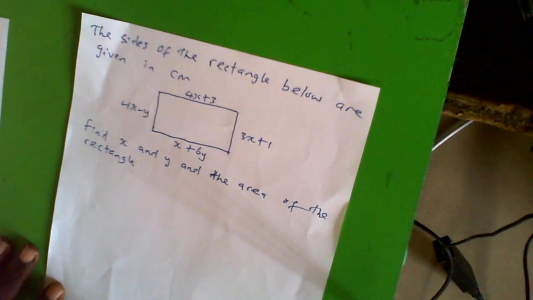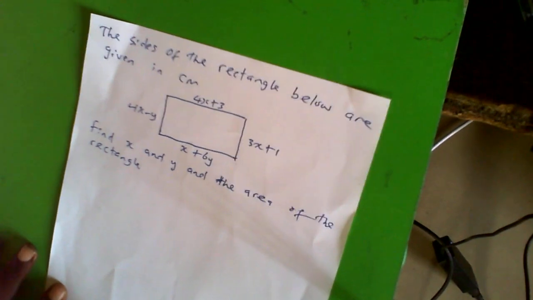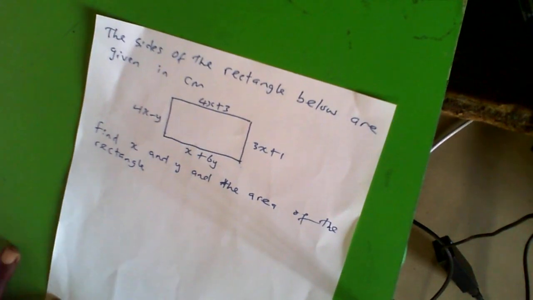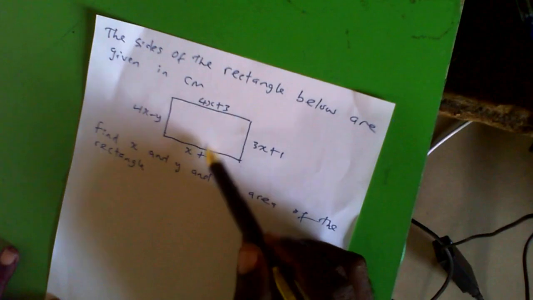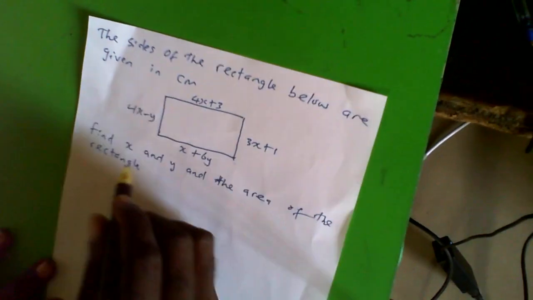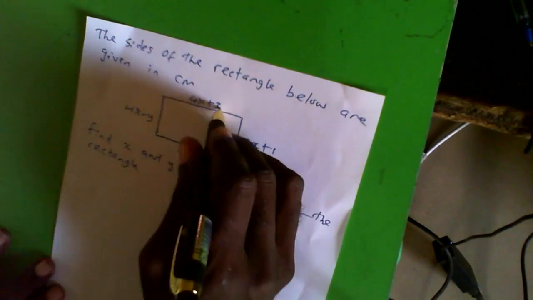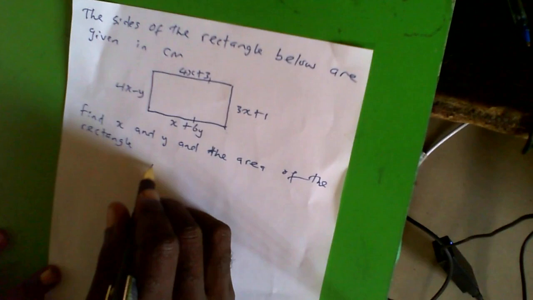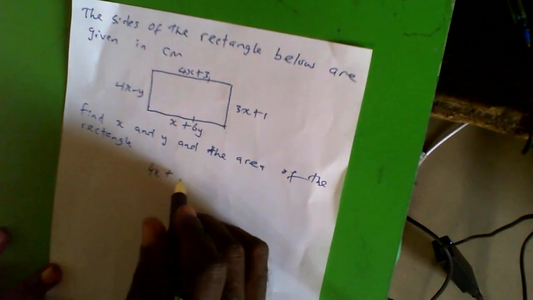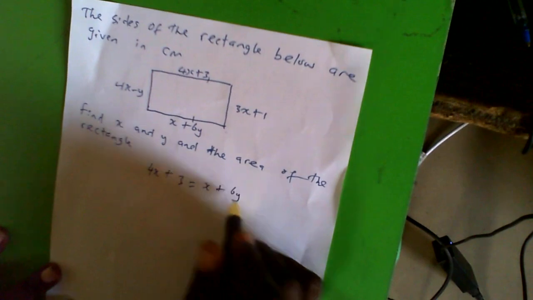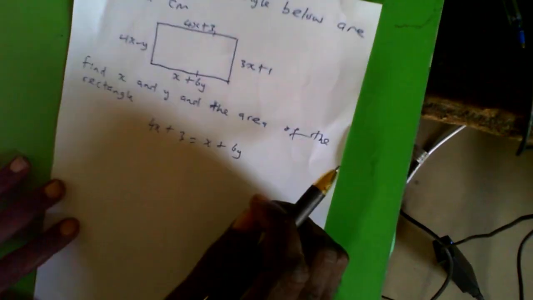So we are looking for x and y and want to apply simultaneous equations to solve this problem. Now the opposite sides are equal. This opposite side to this one is also equal. So let's take the first one: 4x plus 3 equals x plus 6. Let's get equation 1.